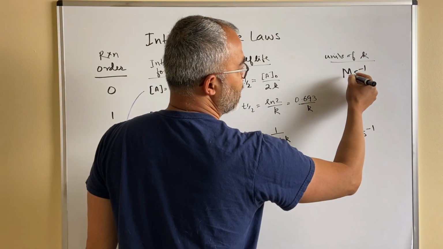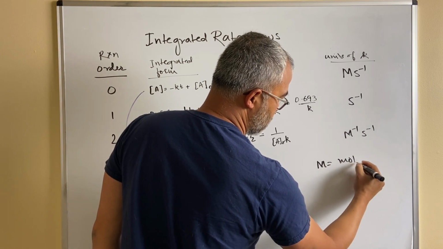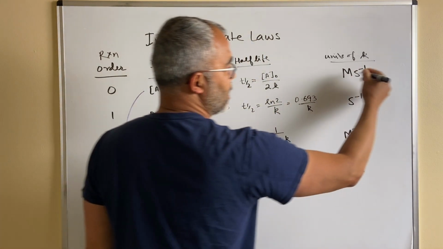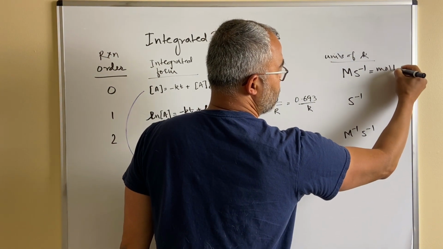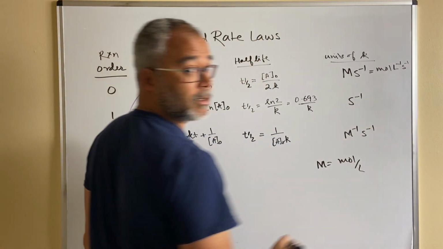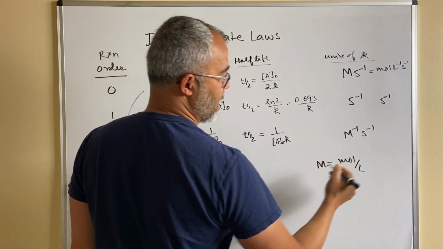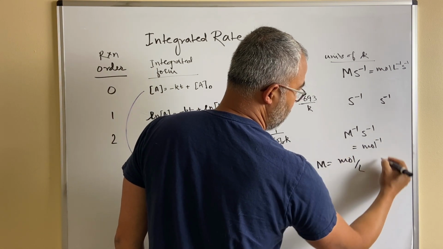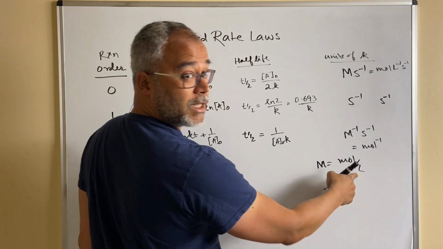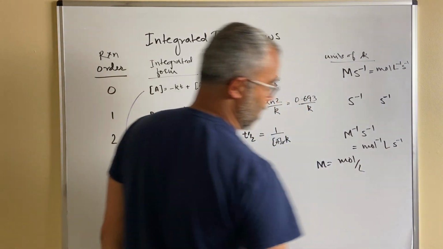So if you recall that M, molar, is equal to moles per liter, then this could be simplified to moles per liter per second. This of course doesn't have concentration, so we keep that as is, and this could be simplified as per molar. Now because liters at the bottom out there, that becomes liters and per second.